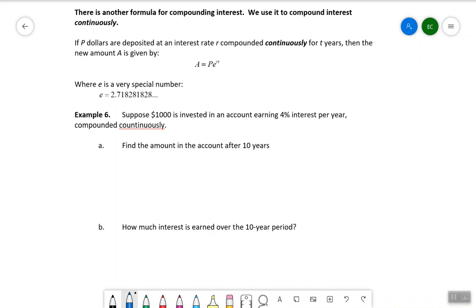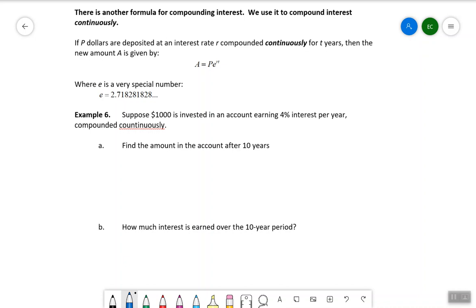So let's give it a try. In example 6, these are actually the same numbers as example 4 in the previous video: $1,000 earning 4% interest for 10 years. But now the difference is the interest is compounded continuously. When we get our answer, you might want to go back and compare it with the answer from example 4.